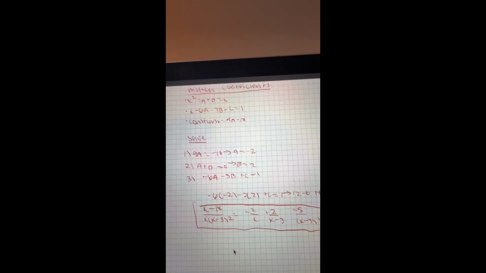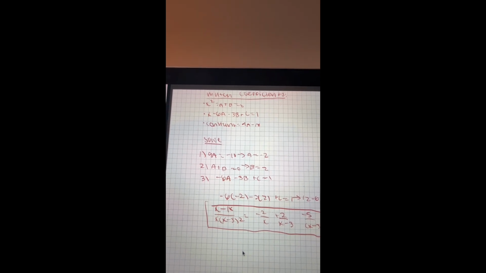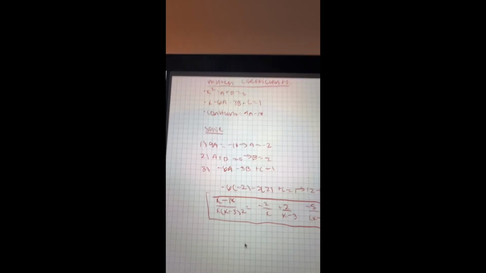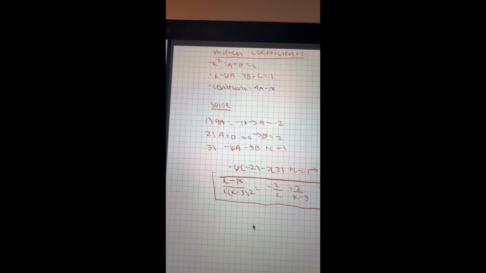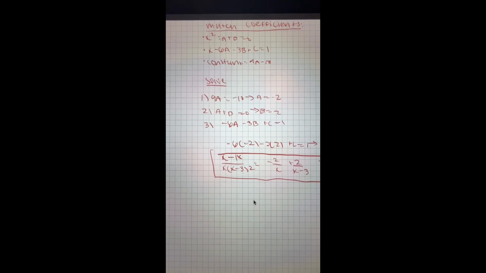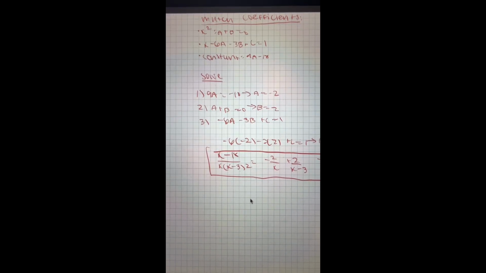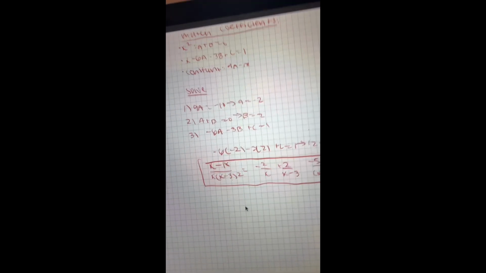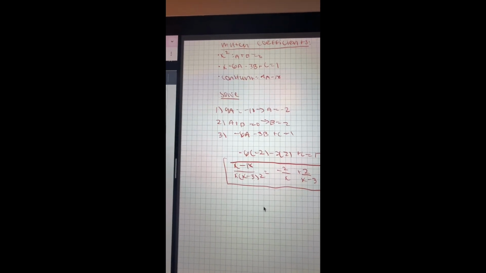So you have for x squared, A plus B equals 0, and for x, negative 6A minus 3B plus C equals 1, and a constant of 9A equals negative 18. And then you want to solve the system. So you first have 9A equals negative 18, which gives A equals negative 2.